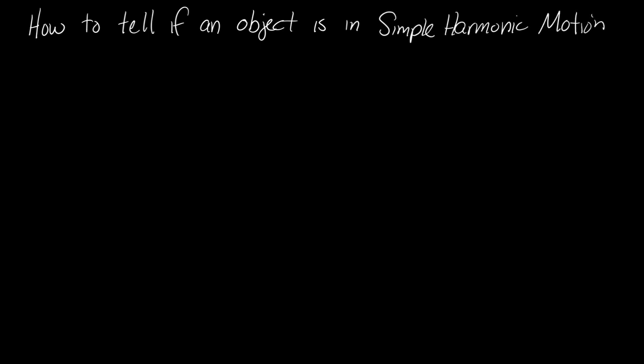How do we know if an object is in simple harmonic motion? Today we're going to do a new object, a different object. I want to just assume we have some random object, whatever that is. That's our thing.